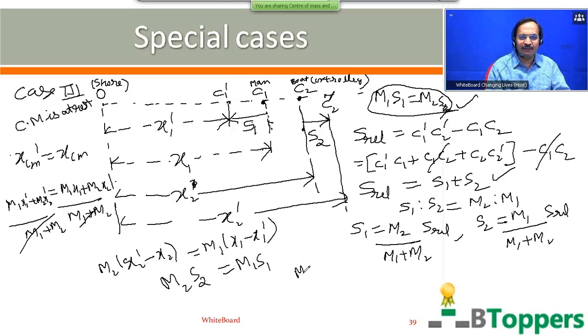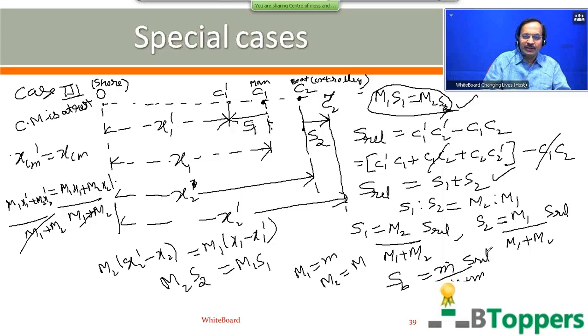In the present discussion, we denote m1, the mass of the man, by small m, and m2 by capital M. That means the magnitude of the actual displacement of the boat or trolley is equal to small m by capital M plus small m into the magnitude of relative displacement.